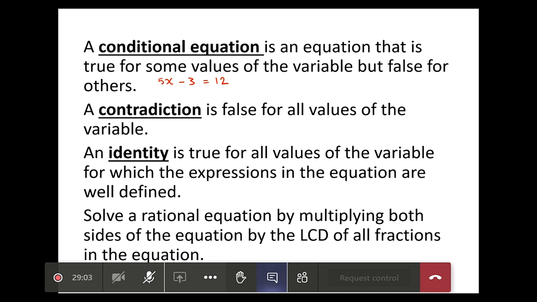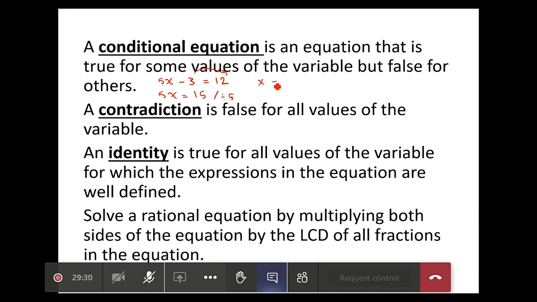In this equation, this is conditional. Why? Because we have solution. Okay, we have a solution and only one solution. Some solution is correct and another value of x not correct. Look at this. We have 5x equal, move 3 to another side, so we have 15, divide by 5.